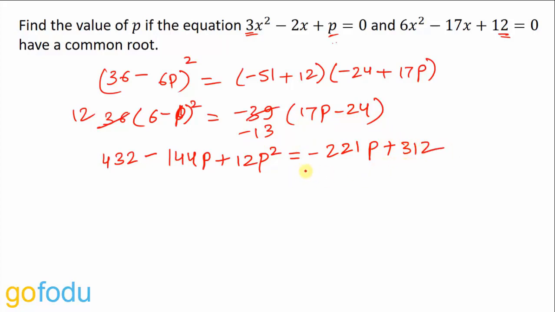And the final equation will be 12p square plus 77p plus 120 is equal to 0.